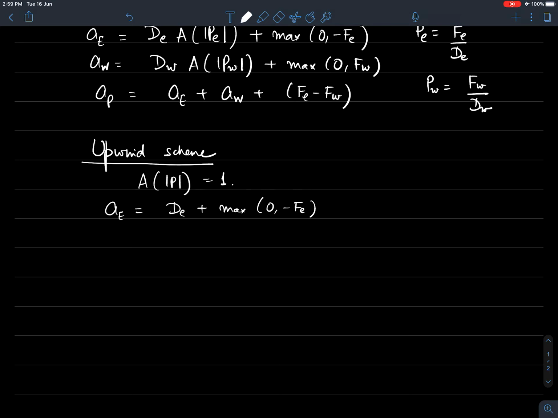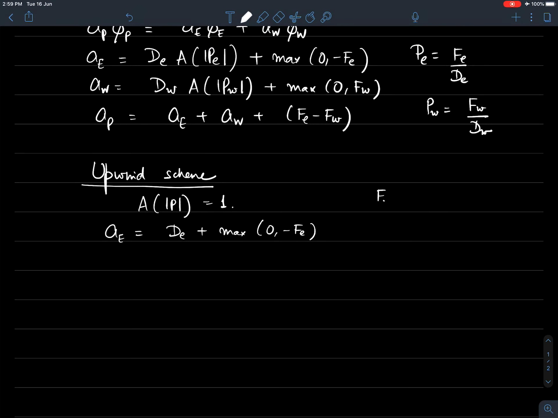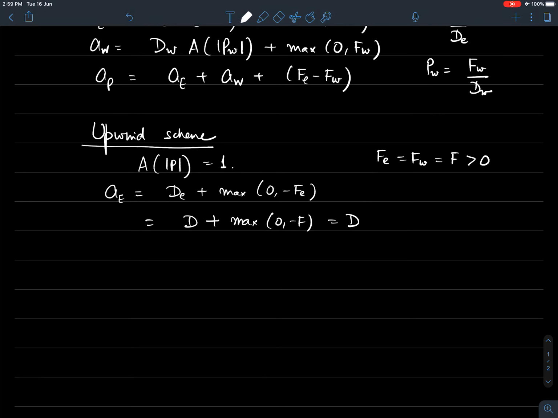Let's also assume in this problem that FE and FW, which I'm going to write as F, are greater than 0, so the flow is going from left to right. Then AE becomes D plus max of 0 comma minus F, which becomes just D because minus F is negative, and AW will in a similar manner become D plus max of 0 comma F, which becomes D plus F.